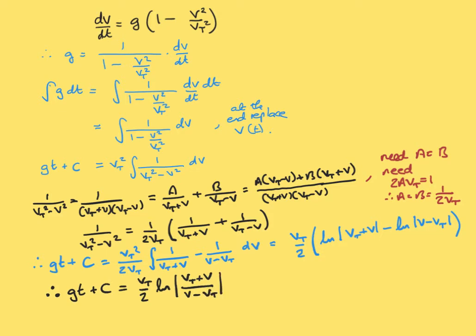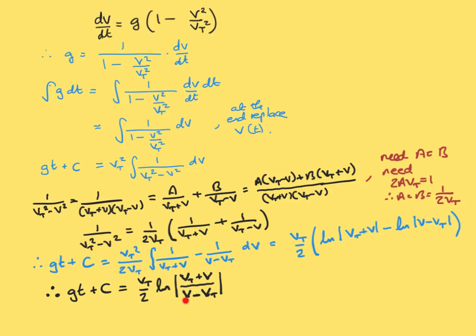This looks a little bit ugly because we've got vt plus v here and v minus vt here.